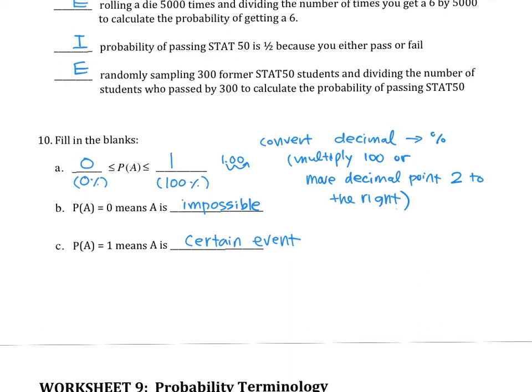Notice that there's no such thing as 120% probability, even though in real life maybe we use that, but mathematically 120% probability doesn't exist. Same as negative 5% probability doesn't exist. So probability has to be between 0% and 100%.